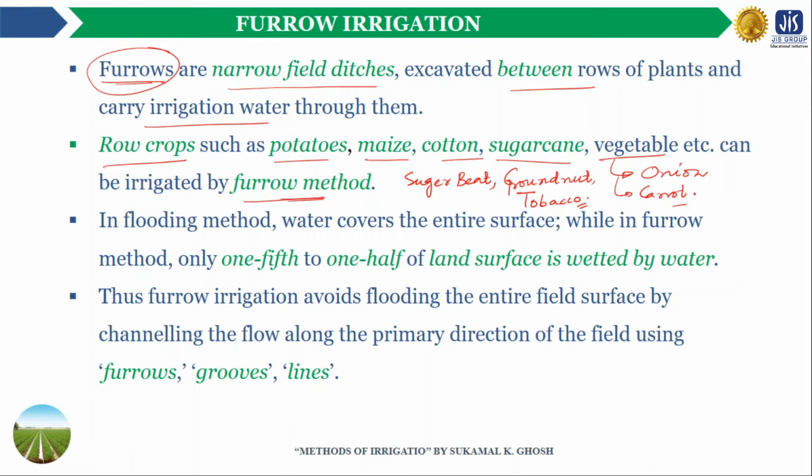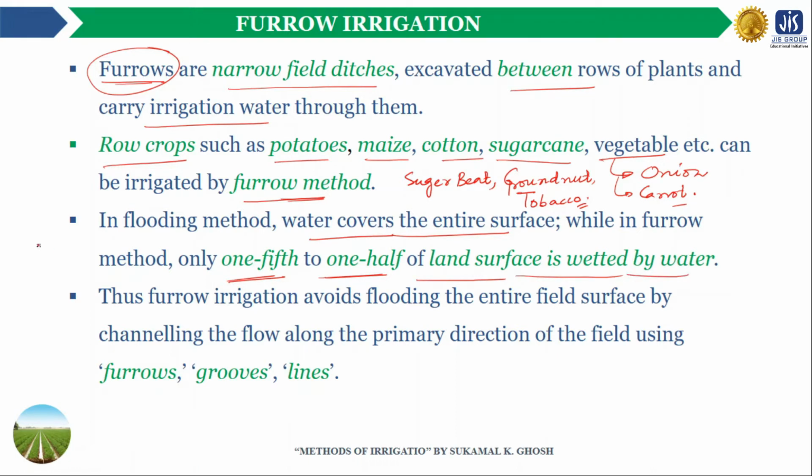In our earlier lecture on flooding techniques, we saw that the water covers the entire surface. But in the furrow irrigation method, only one-fifth to one-half of the land surface is wetted by the water.